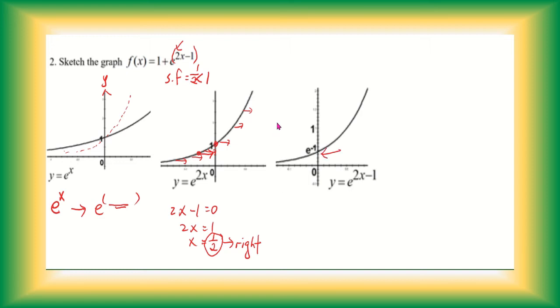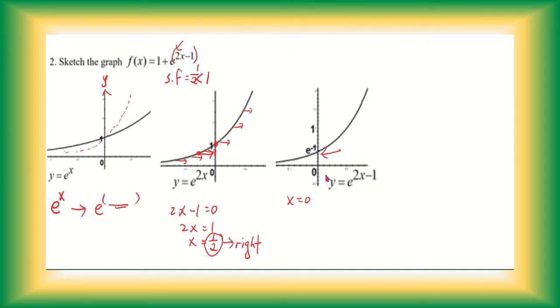To find the y-intercept, x is equal to 0. So now we sub into the equation of this one, because this one is after the translation. Now the equation of the curve is e to the power of 2x minus 1.